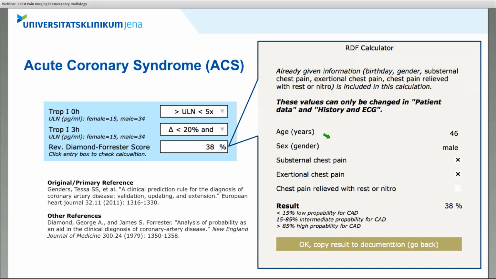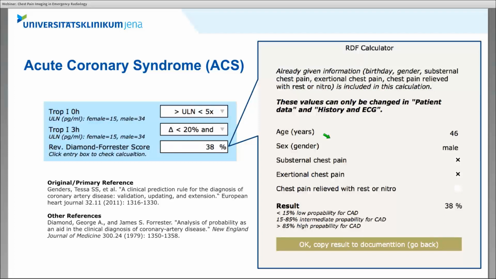Here is one example, a patient who came in with the question of acute coronary syndrome, but by troponin level we were able to rule out a cardiac infarction.